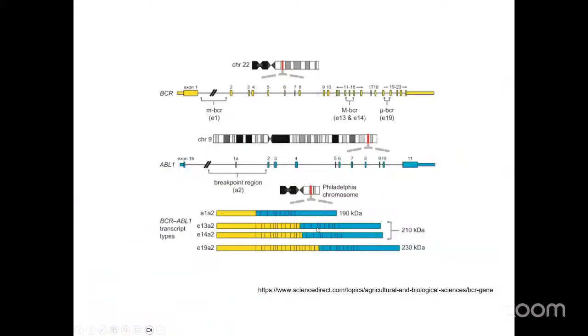Microarray was expected not to pick it up. But there can be various transcript types of BCR-ABL. There is a shorter version, the 190 kilodalton, which is typically seen in acute lymphoblastic leukemias. There is a 210 version that is seen typically in CMLs, but there is also a 230 kilodalton transcript type that can be seen and is harder to detect.